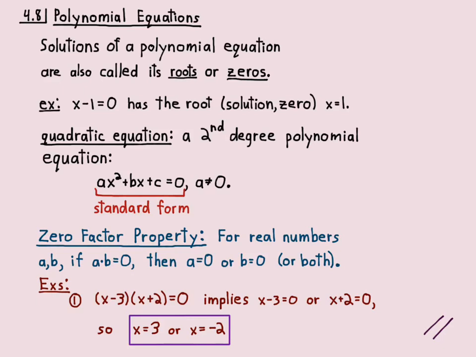Sometimes the instructions will say write the two solutions with a comma between them, and they just want you to write 3 comma negative 2 in the blank. And sometimes they'll ask for a solution set, which is when you write the curly bracket 3 comma negative 2 close curly bracket, because that's set notation for two items. It's a list. So make sure that you're careful about that before you enter the answers.